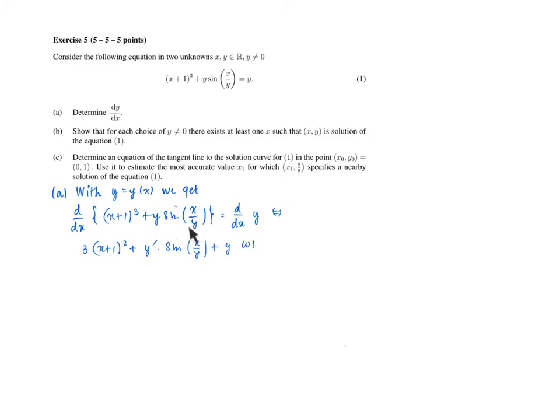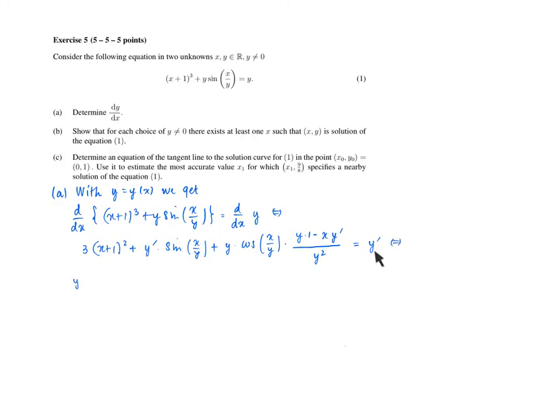So here we first use the product rule, y prime, which is the derivative of y, and now we get y times the derivative of the sine of x over y, which is the cosine of x over y, and using the quotient rule for x over y.